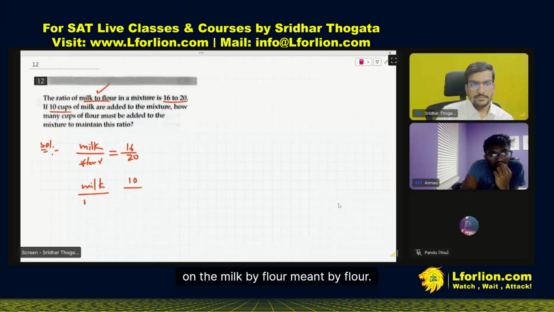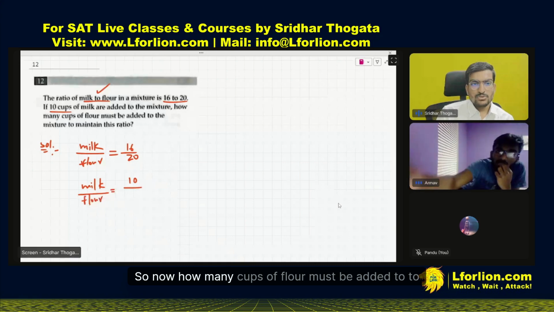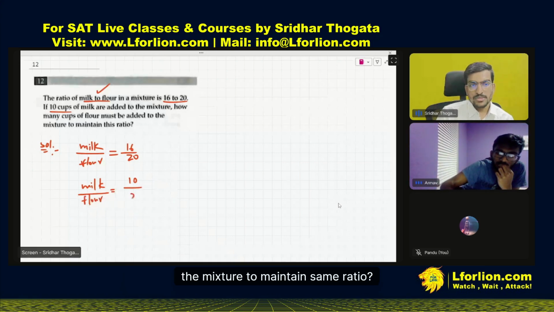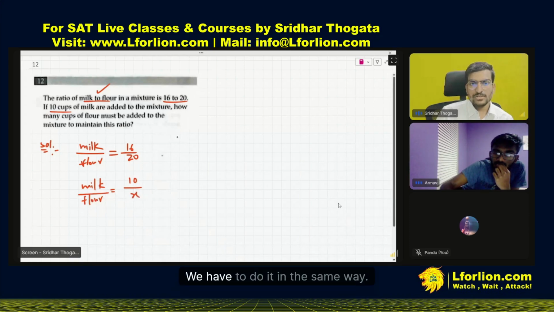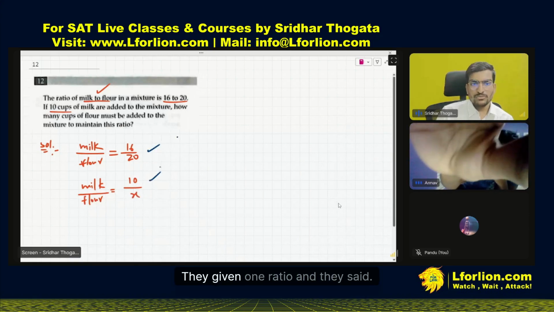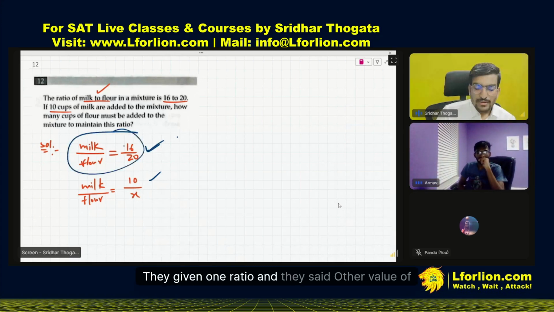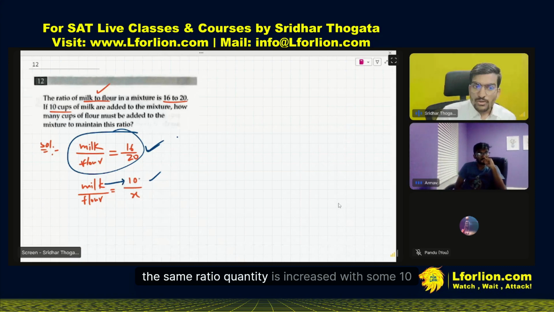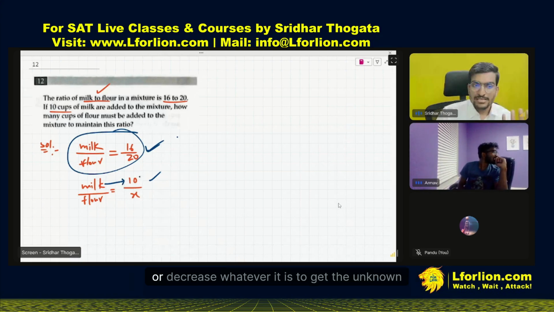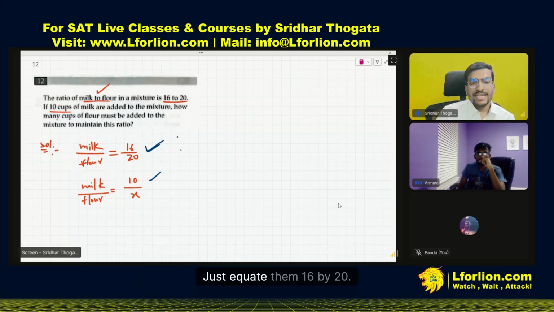Milk by flour. Just equate them, the same way we solved yesterday. They gave one ratio and said the other value of the same ratio quantity is increased or decreased by some amount. To get the unknown value, just equate them.